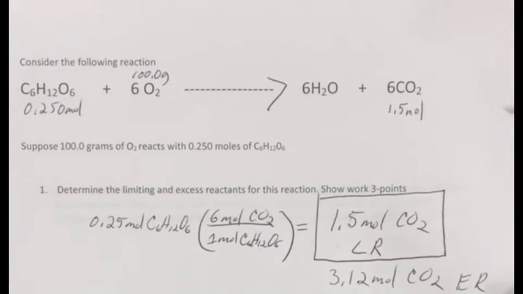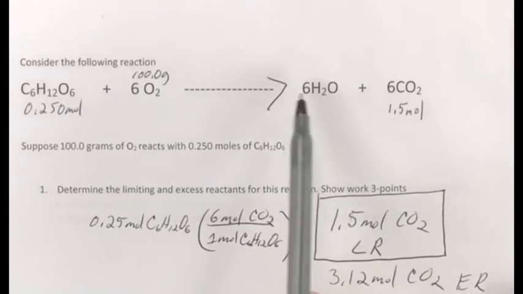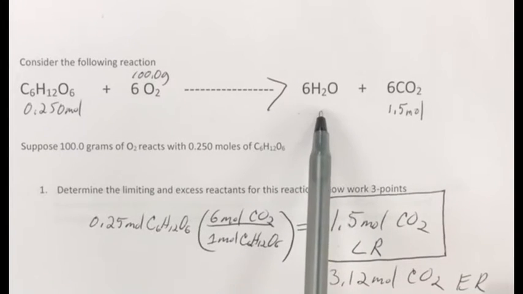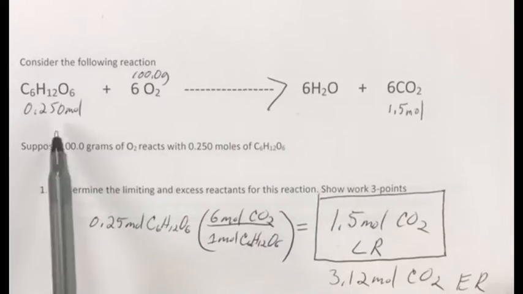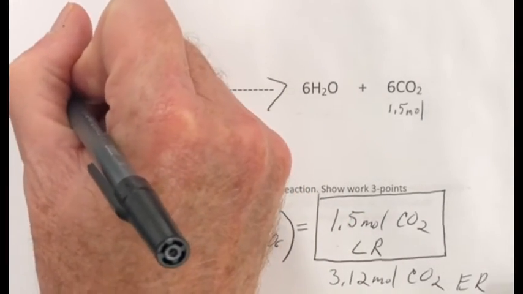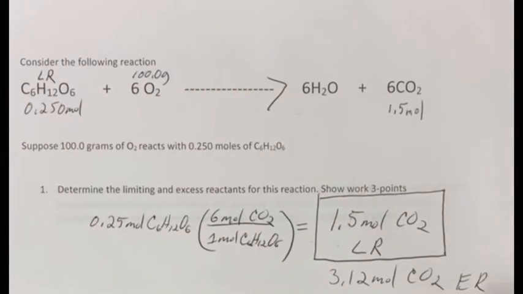I know that this many moles of CO2 is produced. I can use the stoichiometry to quickly tell me how many moles of water are going to be produced. And there's our limiting reactant. I'm going to put LR for limiting reactant because that's determining the product.